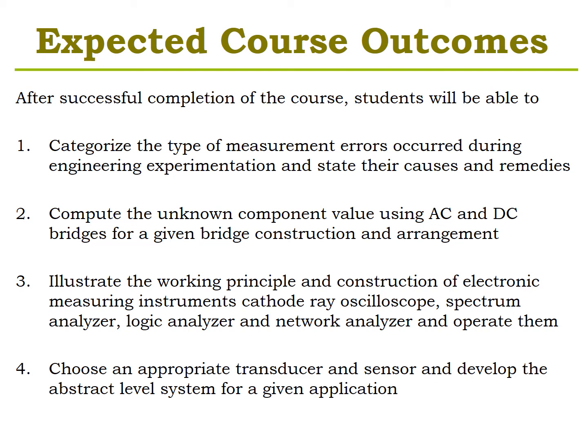They would be able to compute unknown components for AC and DC bridges. They would be able to illustrate the working principle and construction of electronic measuring instruments like CRO, spectrum analyzer, logic analyzer and all. And finally, they would be able to choose an appropriate transducer and a sensor to develop an abstract level system for a given application.